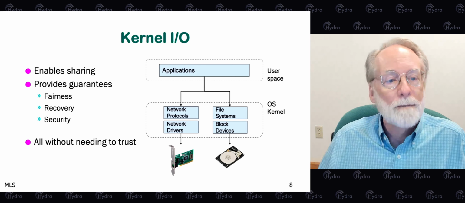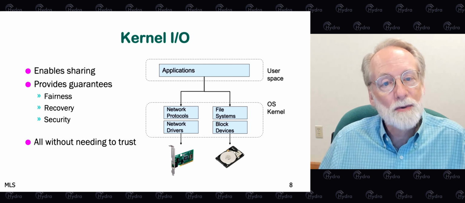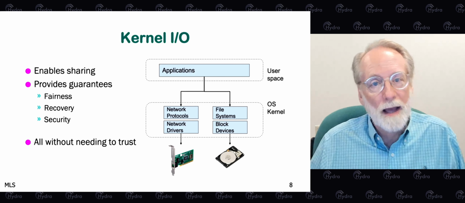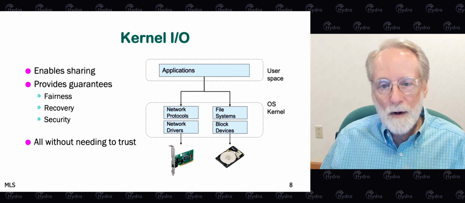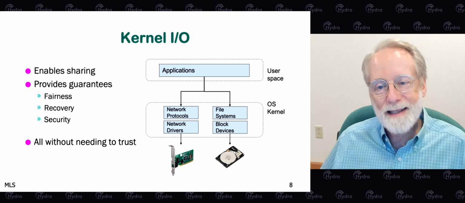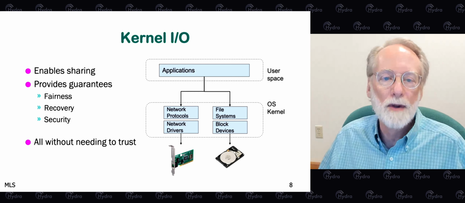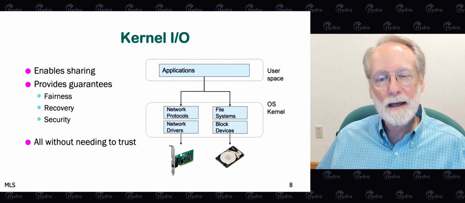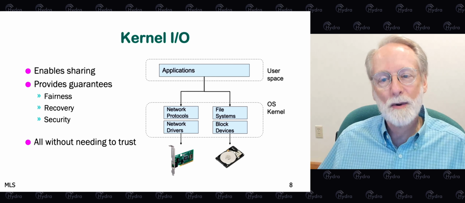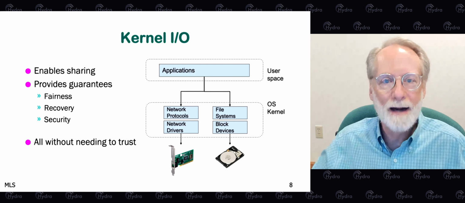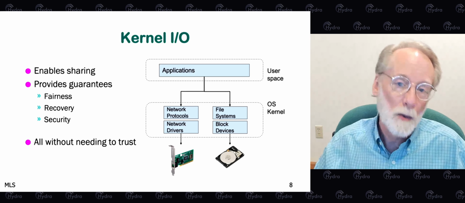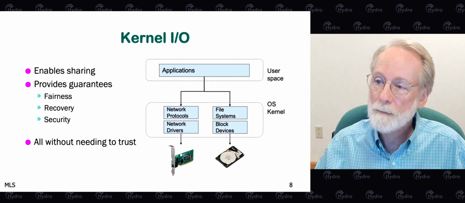And all of this is done without the kernel needing to trust the applications at all. But all of the communication goes through the kernel and suffers the overhead of, first, the context switching, and second, the need for a general purpose code path through the kernel. So you can't really customize the kernel to the expected usage pattern of an individual application the way you could with a library operating system.